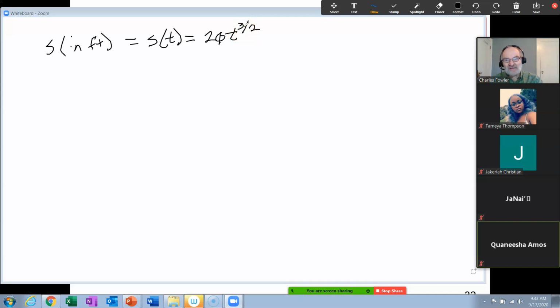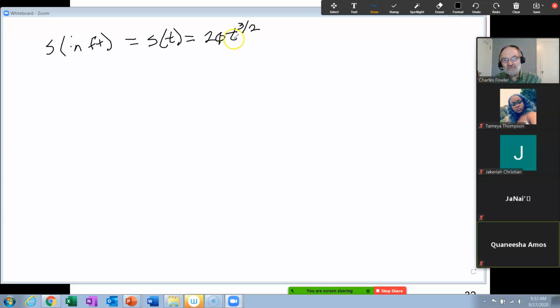Remember, the car was sitting at a stoplight, so at time t equals 0, the distance was 0. It was stopped, right? But 1 second later, it was 20 feet away, because the square root of 1 is 1, 1 cubed is 1, 20 times 1 is 20. I'm going to do 4 seconds.